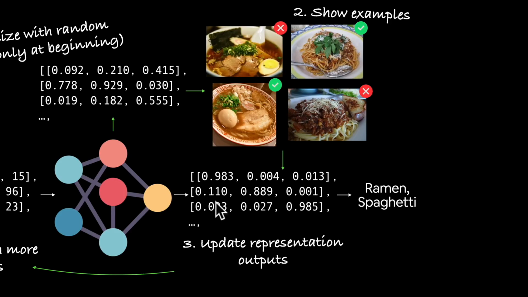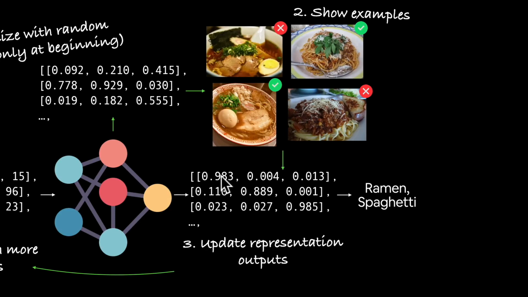So imagine if above here, this column was, say, ramen, this column was, say, spaghetti, and this column was, say, not ramen or spaghetti. In this case, the highest output would be dedicated to ramen, because it's the first index, the 0th index.